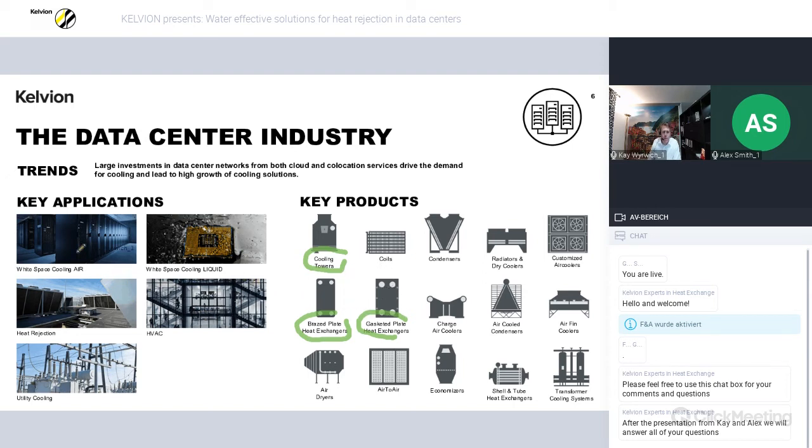Our products you find in white space cooling, where we do customized air-to-air units located above the servers. We do brazed plate heat exchangers in liquid cooling, working with companies and hyperscale customers. Our main part is really heat rejection with our dry coolers, and the plate heat exchanger is a circuit breaker. It's really one of the main parts.